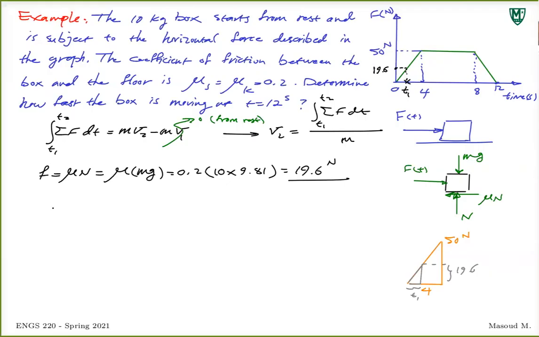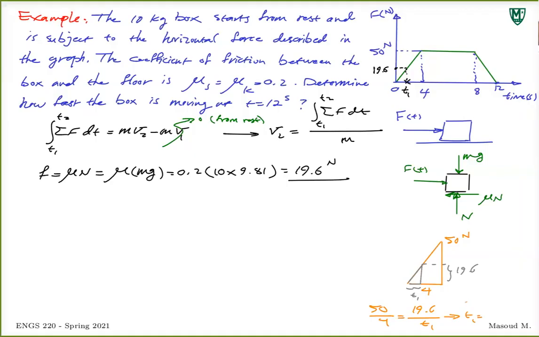So you can write it this way, 50 over 4 is equal to 19.6 over T1. So you can find your T1.